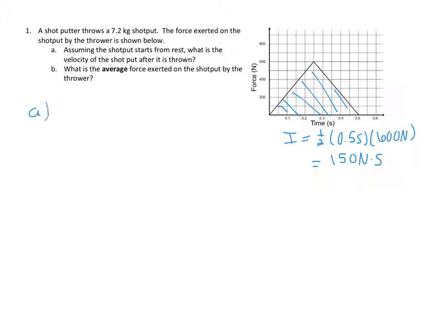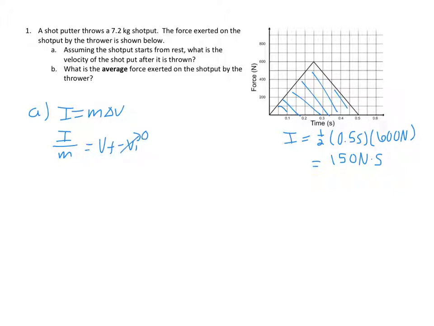So part A, we're looking for the velocity of the shot put after it is thrown. We know that impulse equals mass times change in velocity. So impulse over mass equals V final minus V initial, starts from rest.